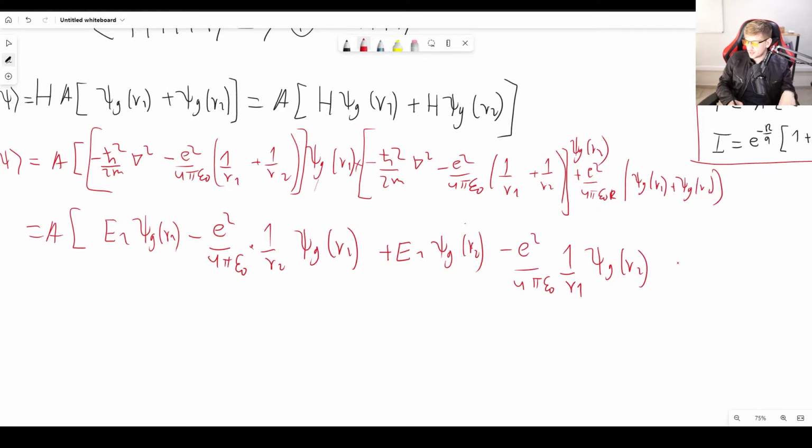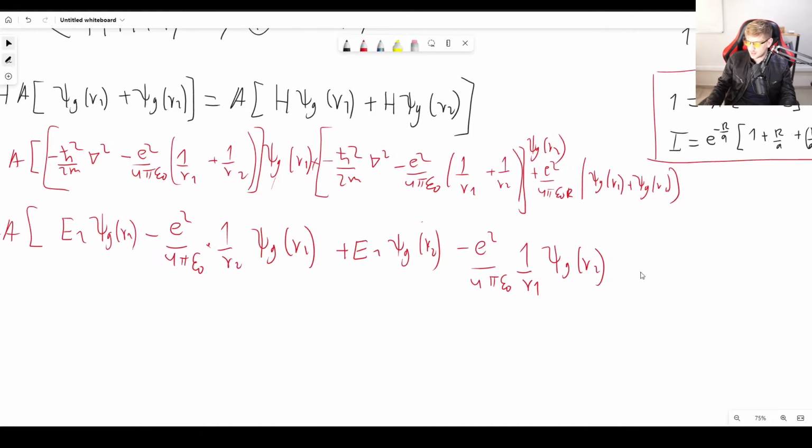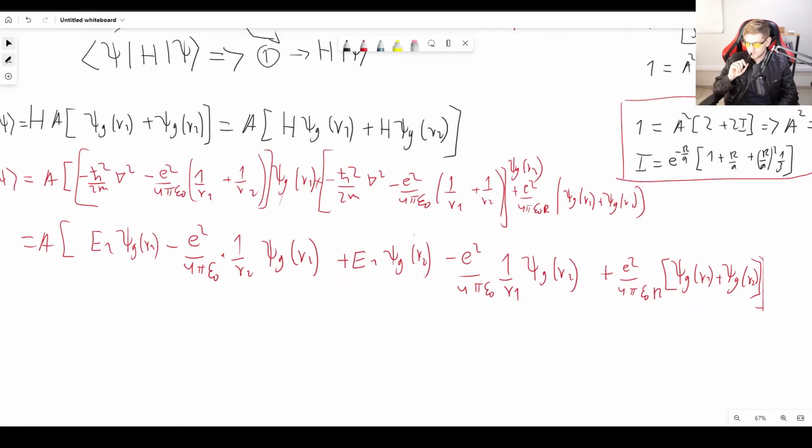And of course, the extra term here that hasn't really done much: plus e squared over 4 pi epsilon 0 r times psi g r1 plus psi g r2. And there's another parenthesis at the end. So we are making some progress.